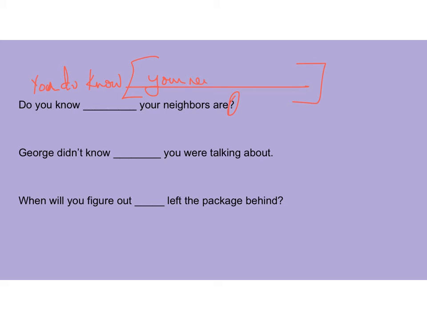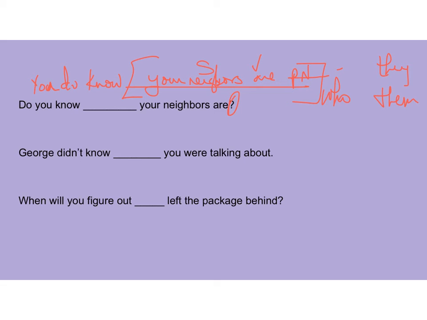Your neighbors are blank. You do know your neighbors are they. You do know your neighbors are them. I have subject, verb, predicate nominative here. You do know who your neighbors are. Right?